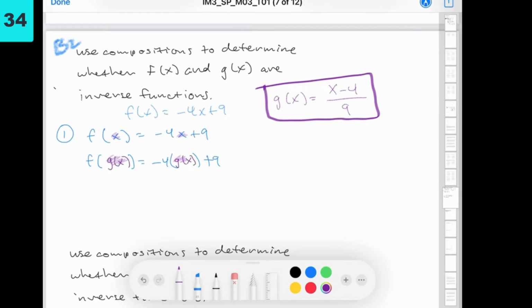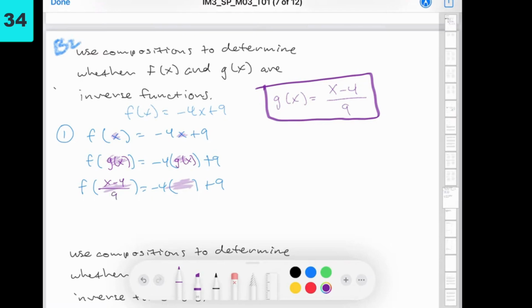But instead of writing g of x in purple there, we're going to have to write x minus 4 over 9.